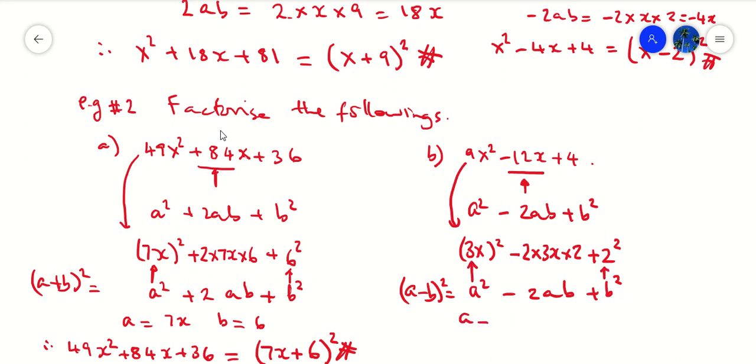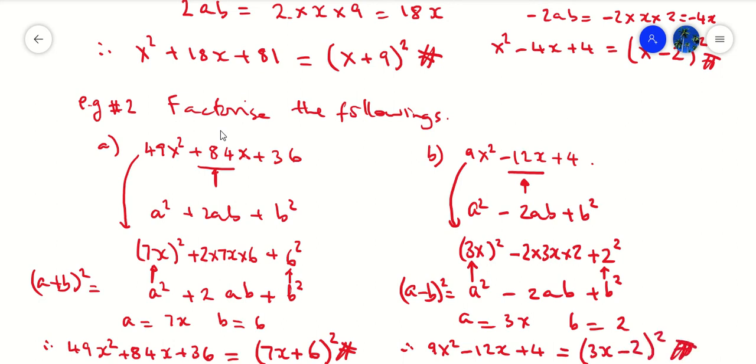So I've got a is equal to 3x and b is equal to 2. Therefore, the given expression 9x squared minus 12x plus 4 is equal to a minus b. The reason is, my middle term has a negative sign, so I will get a, what is a? 3x minus b, 2, whole square, and that will be the end of that example.